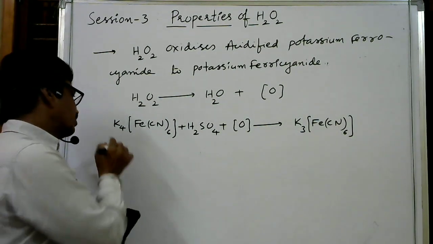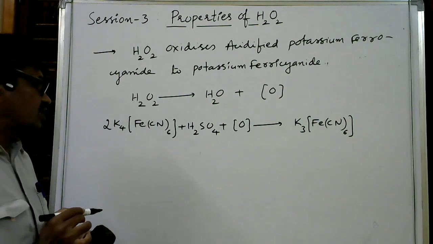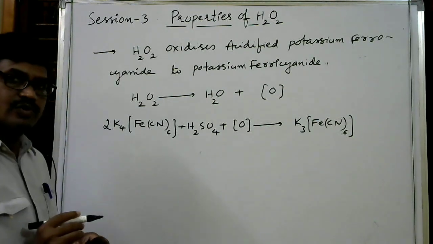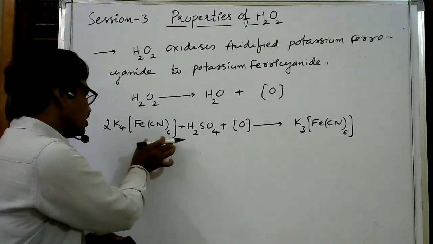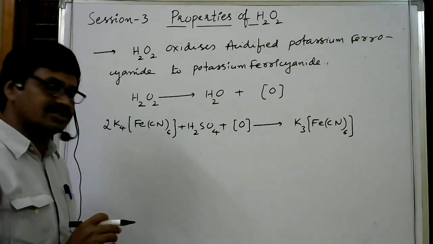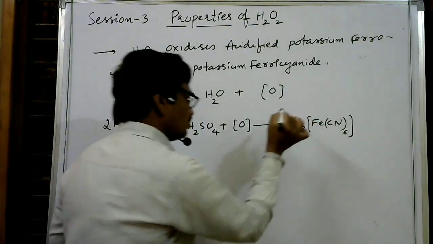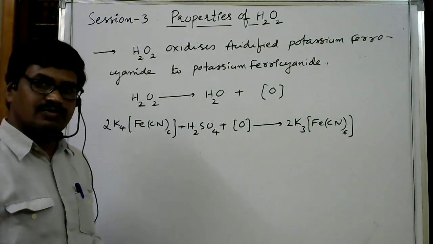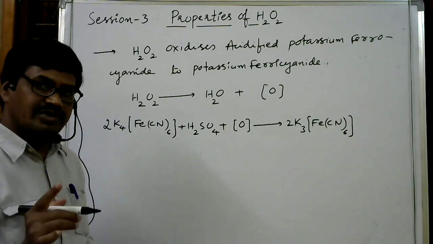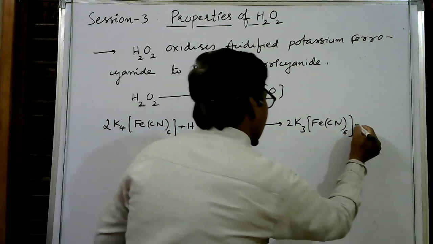So here I am taking 2 potassium ferrocyanide, 2 into 4, 8 potassiums will be there. Fe(CN)6 is common here and there. Only there is a difference in potassiums. So here also I am giving 2, 2 into 3, 6 potassiums. Remaining 2 potassiums are there, extra. Those 2 potassiums combine with this SO4 and form K2SO4.